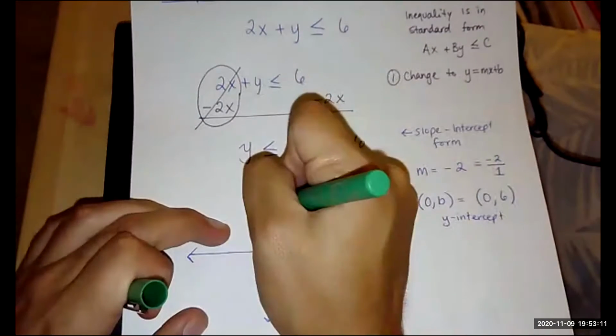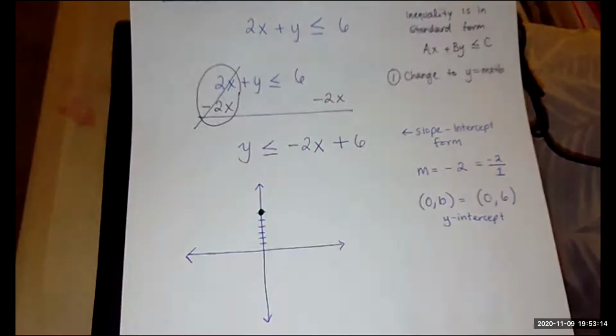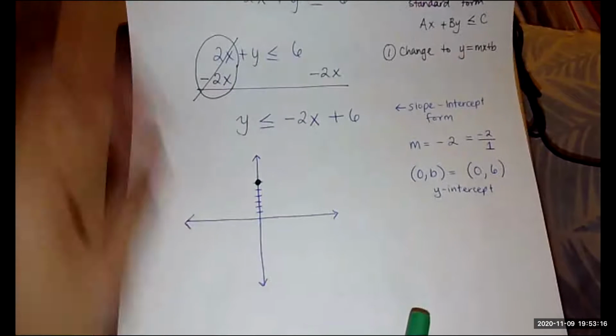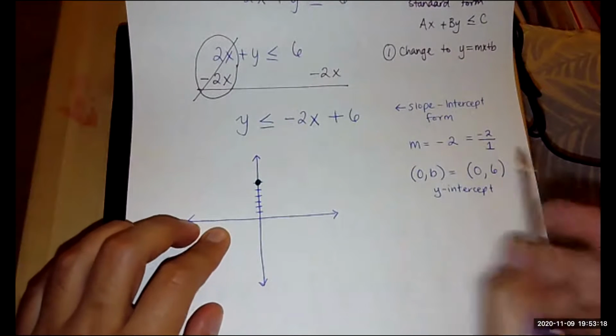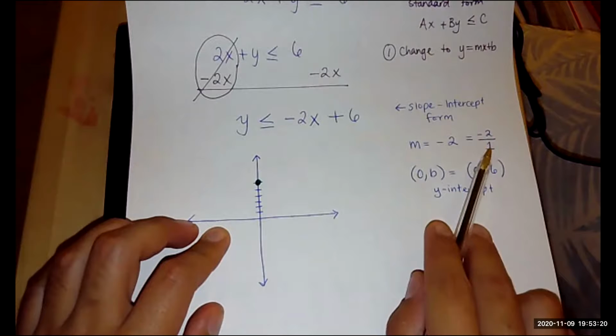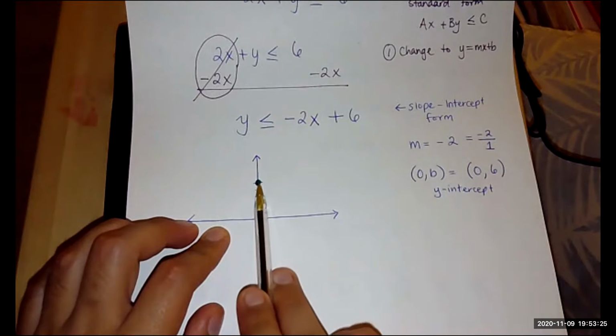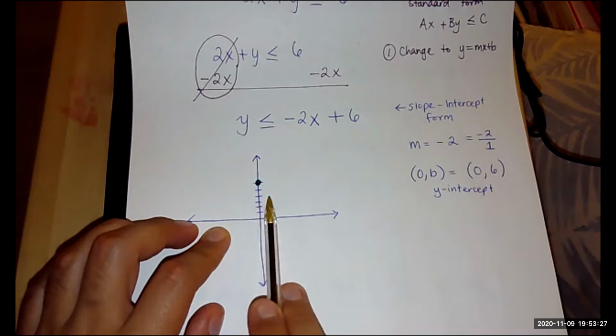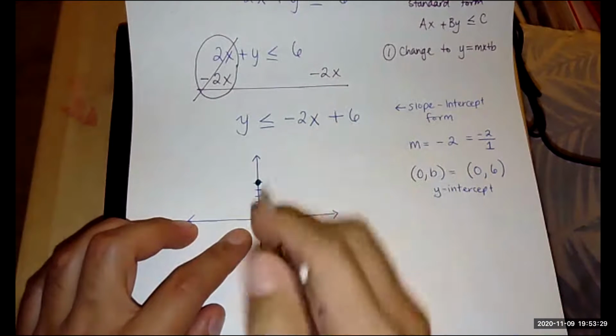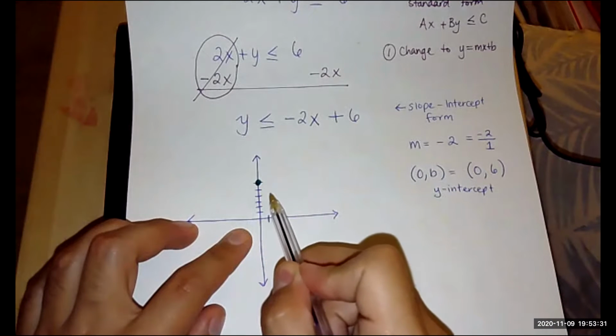I'm going to put a point right here. Okay, and now my slope is telling me if this is rise over run, go over 1. So I'm going to go down from 6 to 5 to 4. Then I'm going to go over 1. So my next point should be right here.